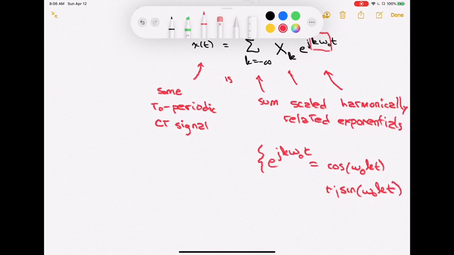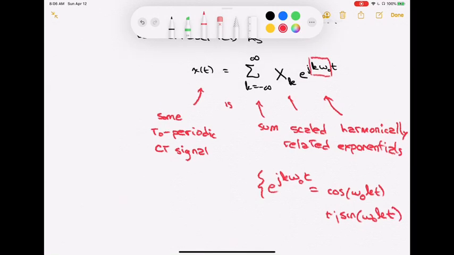So when we say that Fourier's idea here is that any old T naught periodic signal can be represented as a sum of scaled harmonically related exponentials, it's equivalent to say that any old T naught periodic signal can be represented as a sum of scaled and harmonically related sinusoids. We can use the exponential version or the sinusoid version interchangeably. They both have the same kind of basic meaning in there. I'm going to favor the exponential form.